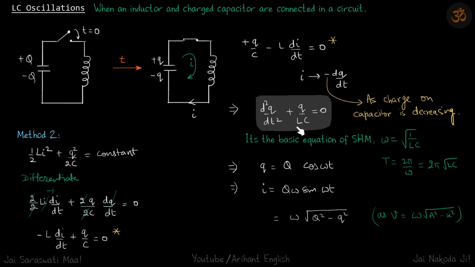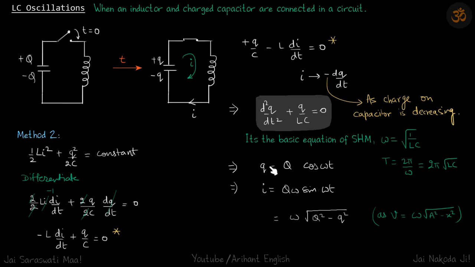Now the solution of this equation, you can write as q is equal to q naught sine omega t plus delta. But if you put boundary conditions in that equation, what you will get is q is equal to Q cos omega t.